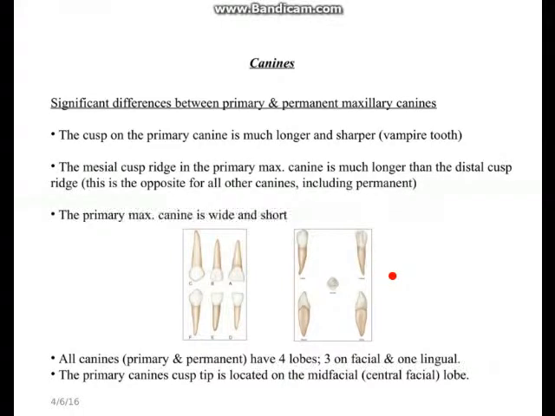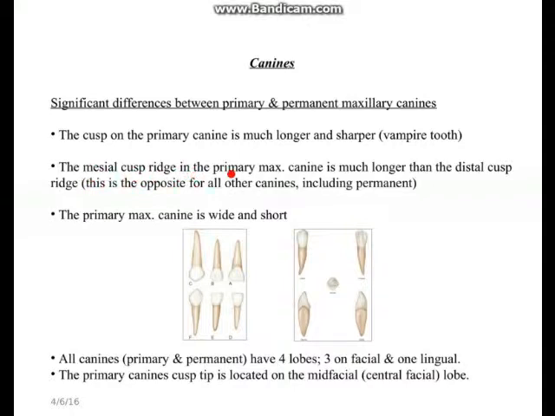We're going to discuss all of this right now. I just want you to remember, primary canine, vampire. I assure you. Okay? So that's how you remember that the canine is much longer and sharper in the primary, because it's a vampire tooth, remember?